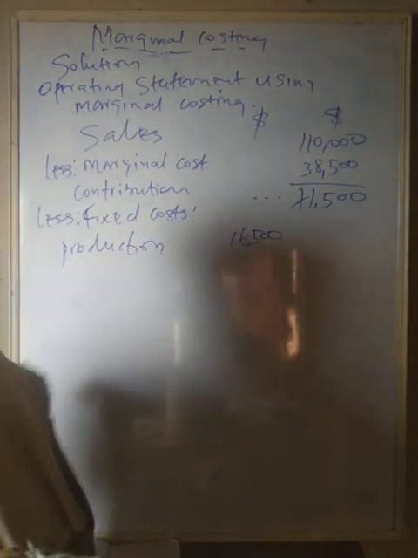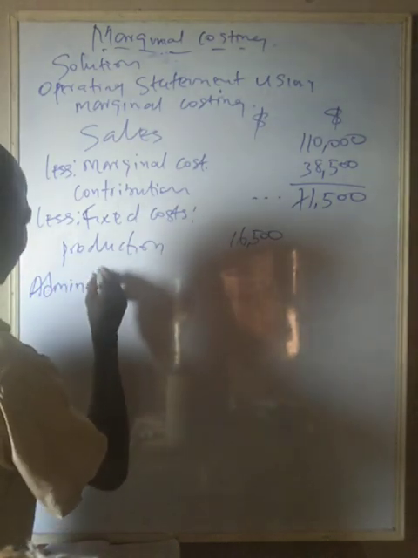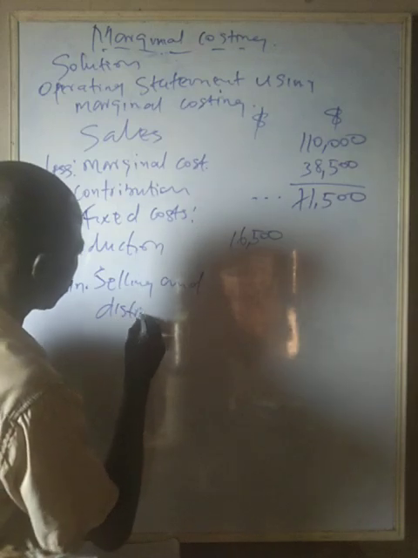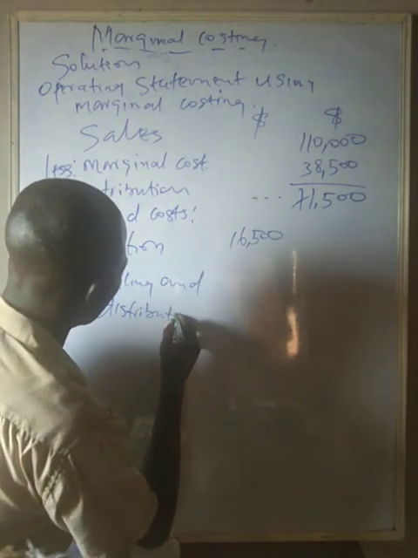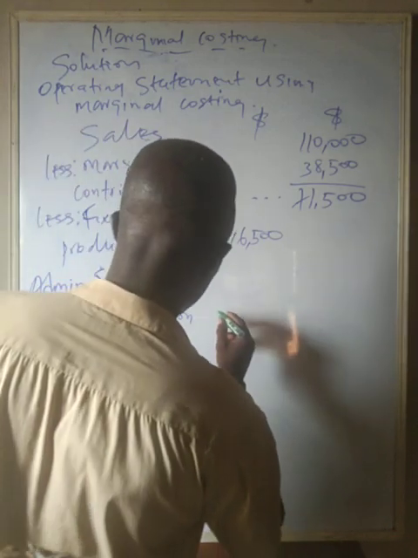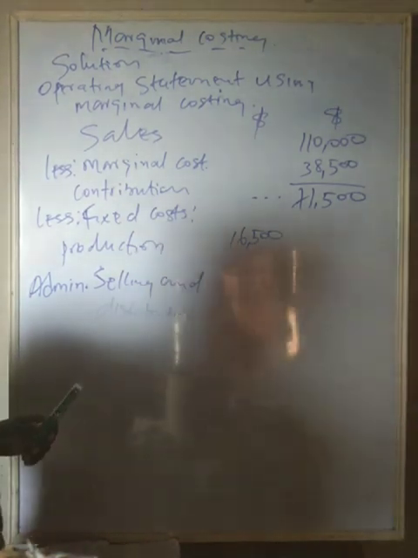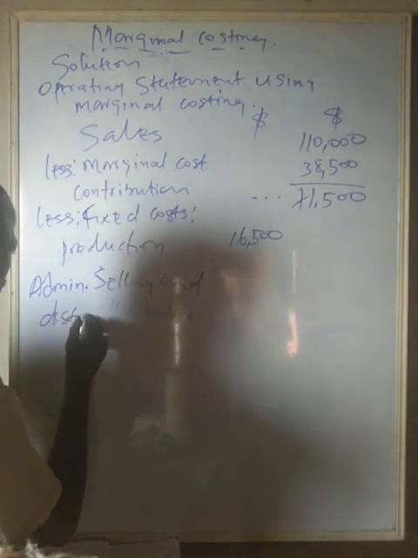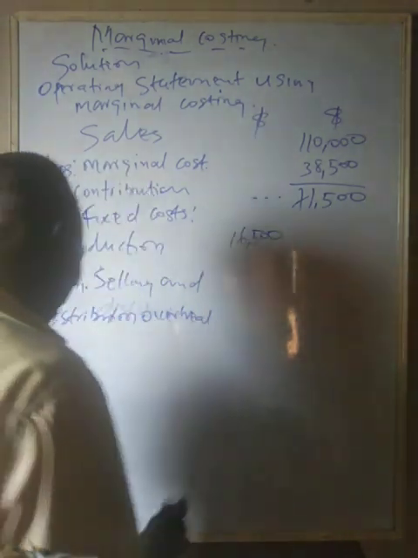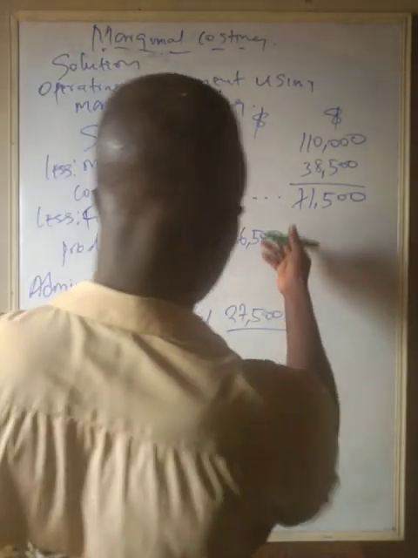Then you have the admin, selling and distribution overheads, and that is 27,500.